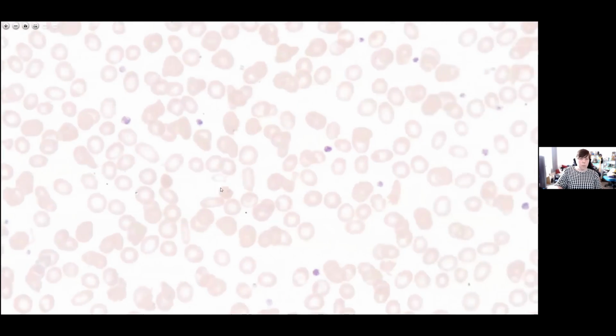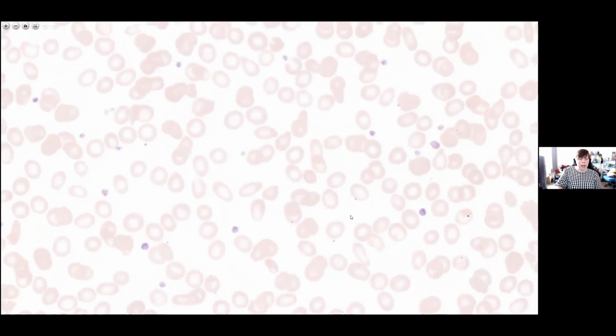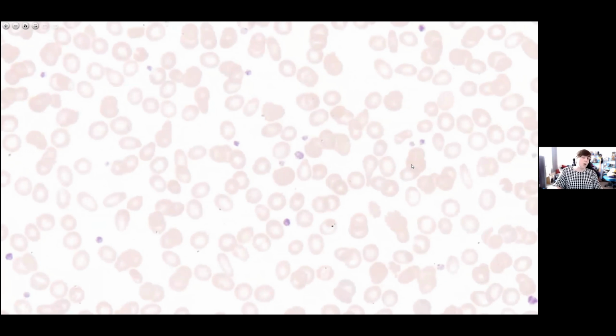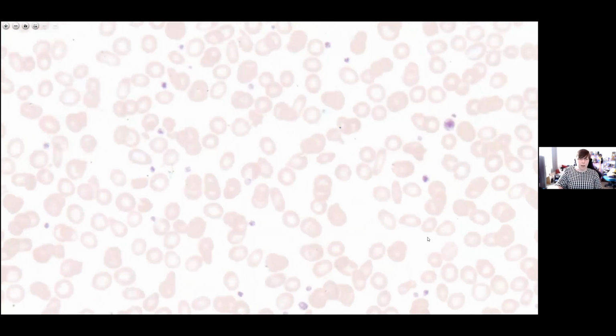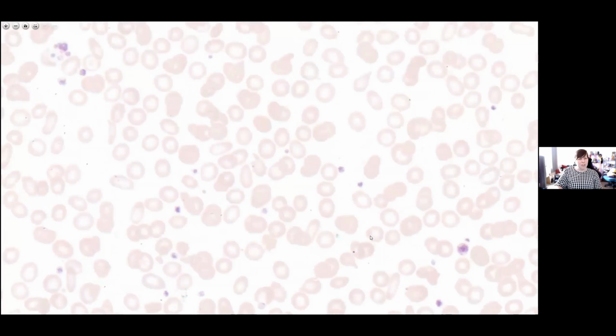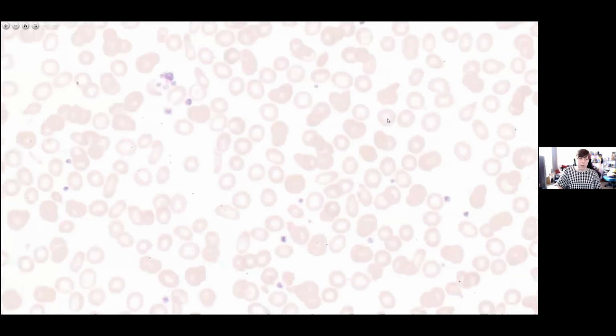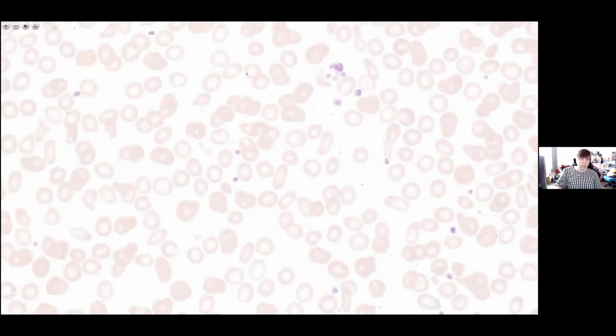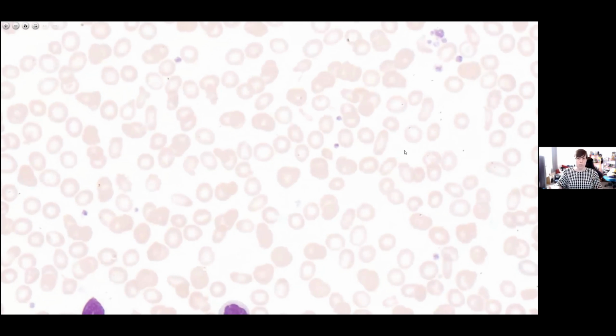So putting it together, what we have is a mildly hypochromic microcytic picture with occasional elongated cells. For the target cells, I don't know if there's even significant numbers enough to comment on them. Do remember that when you're commenting on films, if you look at a film for long enough, you will find one of every single poikilocyte. Whether or not it's in significant numbers enough for you to actually report is a different story altogether.